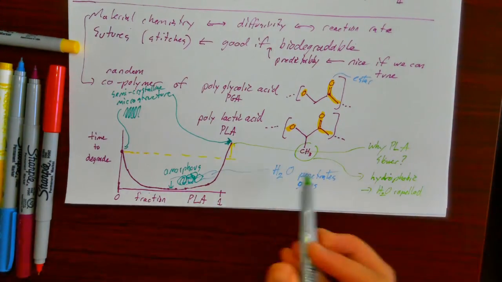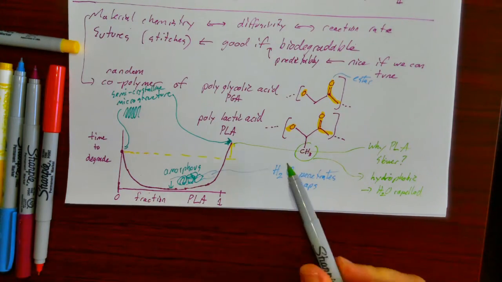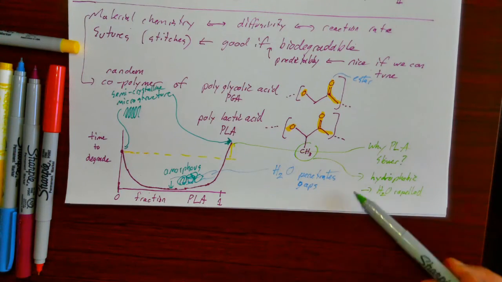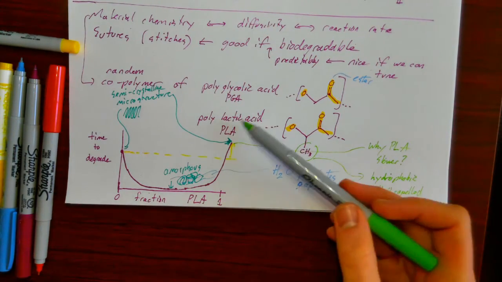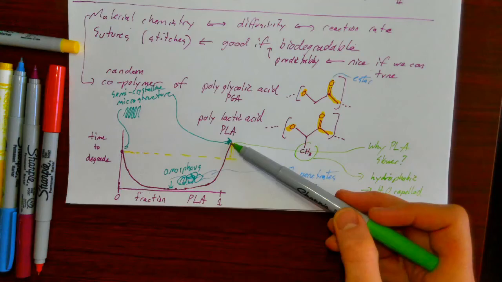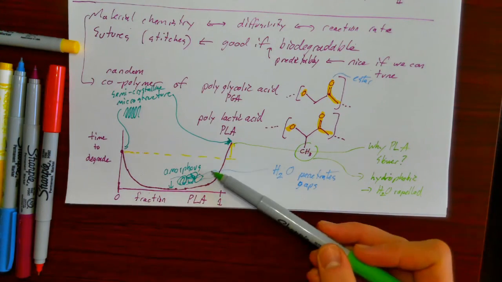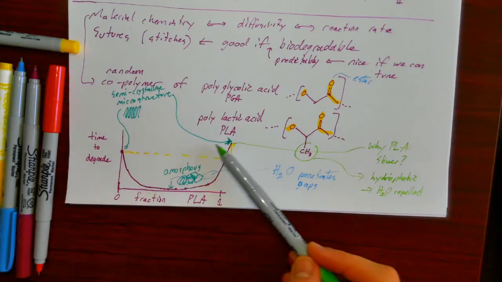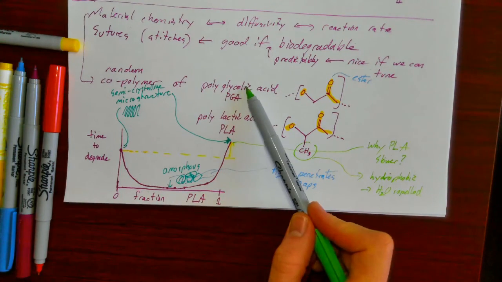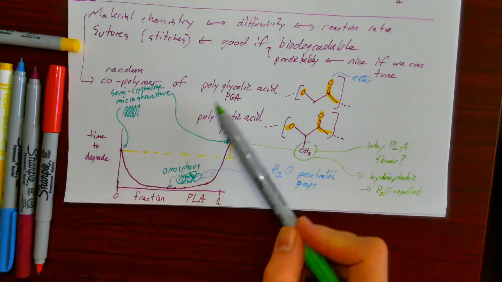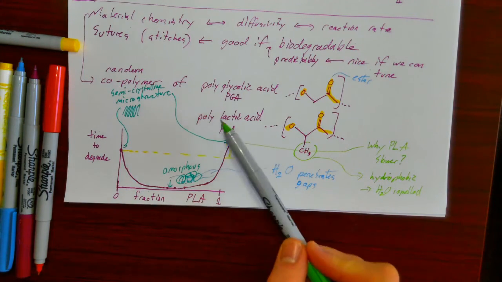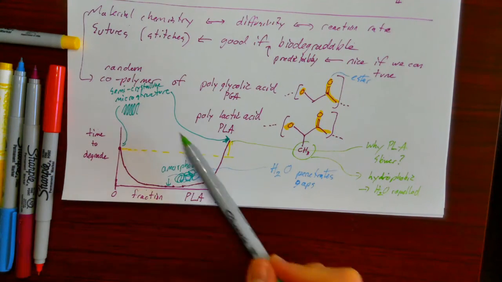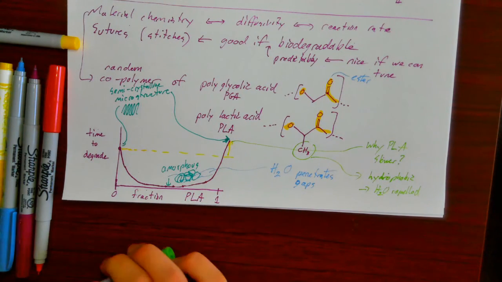That basically makes it more difficult for water to penetrate in, and that makes polylactic acid take a much longer time than polyglycolic acid to dissolve. But even though polyglycolic acid is more hydrophilic than polylactic acid, if you have a mixture of the two, it basically totally drives it down by transitioning the structure from semicrystalline to amorphous.